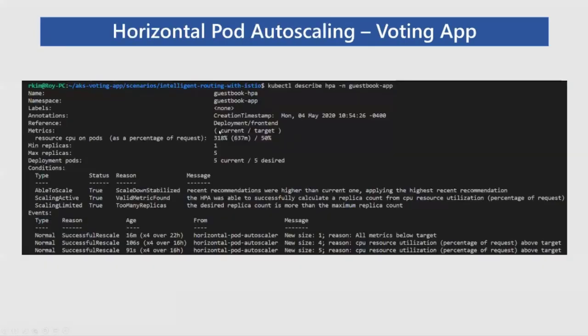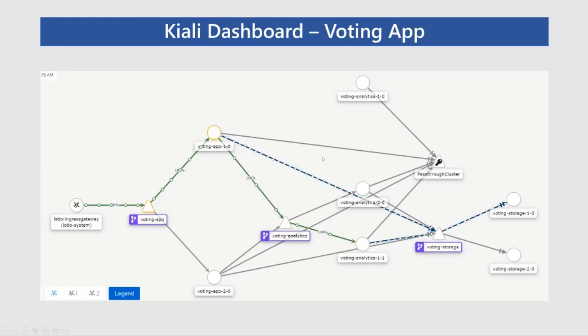So the next thing I'd like to quickly show is horizontal pod autoscaling. What this means is that, for example, this voting app, the front end, there's really only one pod, right? And you can horizontally scale that pod to have more replicas, like 2 or 3.